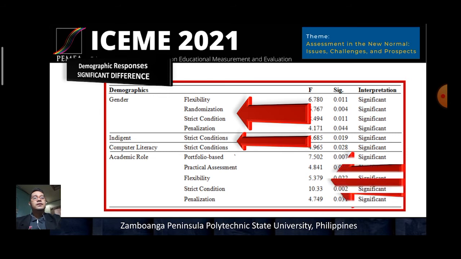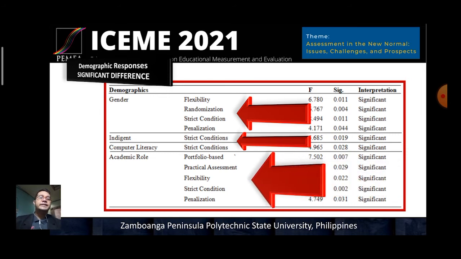The next demographic profile is under the academic roles, which are students and teachers. So these are corroboration in terms of how the teachers are practicing their assessments as to whether the students are appreciating these practices and the conduct of assessments. So technically, they differ.